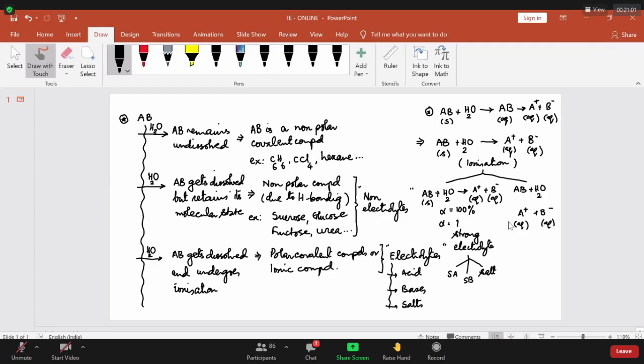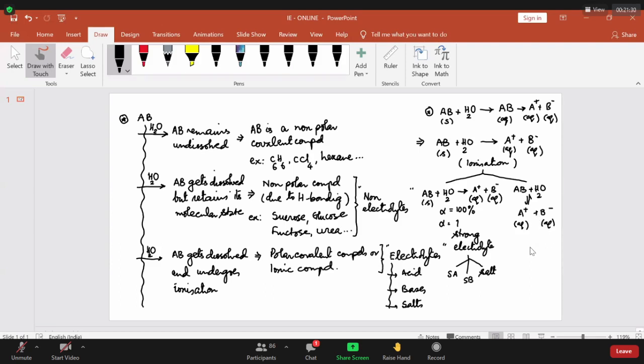Whereas in case of weak electrolytes, since we are having A plus and B minus and some unionized molecules of AB, there is a possibility of forward reaction and backward reaction. That means there is a possibility of reversibility, and wherever you are having reversibility, our mind says there must be equilibrium. Yes, this equilibrium is studied where we have molecules as well as ions.